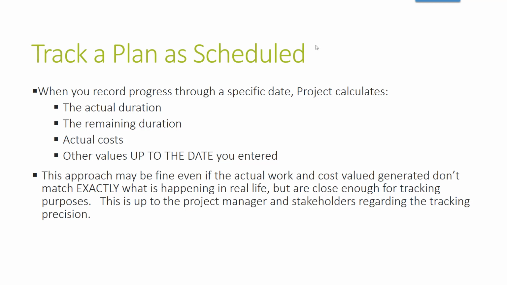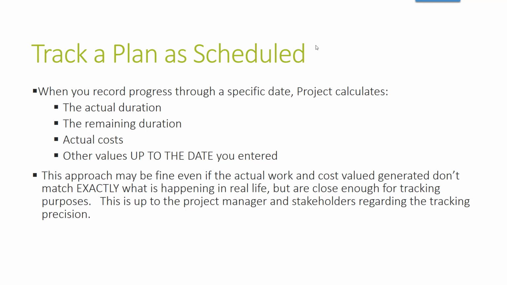This is a good approach even if the actual work and cost values generated by Project don't match exactly, as long as they're close enough for tracking purposes. Whether or not it's close enough is up to the project manager and the stakeholders to determine how precise this needs to be. You don't want to spend more time tracking than the tasks themselves.